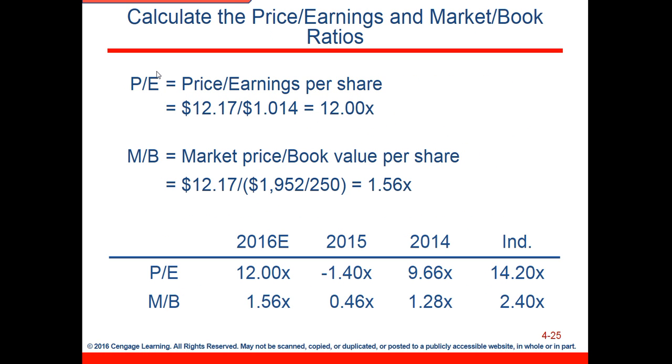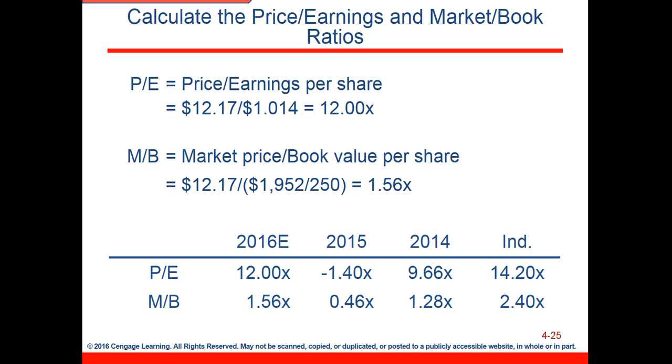Finally, we are going to look at how the market is perceiving, or how the market is reacting to these types of changes. So we are looking at the price to earnings ratio, and what we are seeing is the price to earnings ratio significantly dropped, and it's kind of negative because of negative earnings in 2015, but then it increased in 2016 estimated.